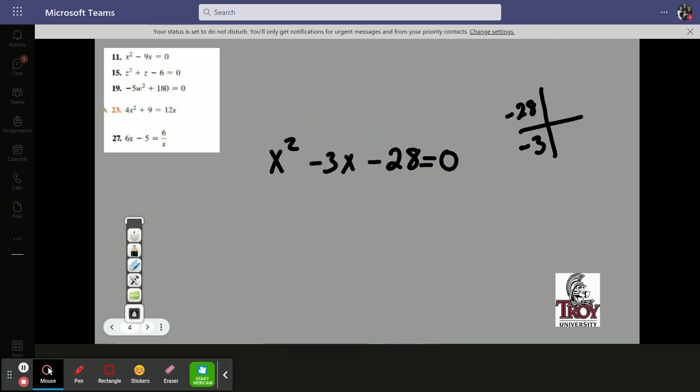Negative 7, positive 4. 4 times 7 gives me 28, and one of them being negative gives me negative 28, and negative 7 plus 4 is going to give me negative 3, right? So I'm going to break this down to x minus 7 and x plus 4 equals 0.